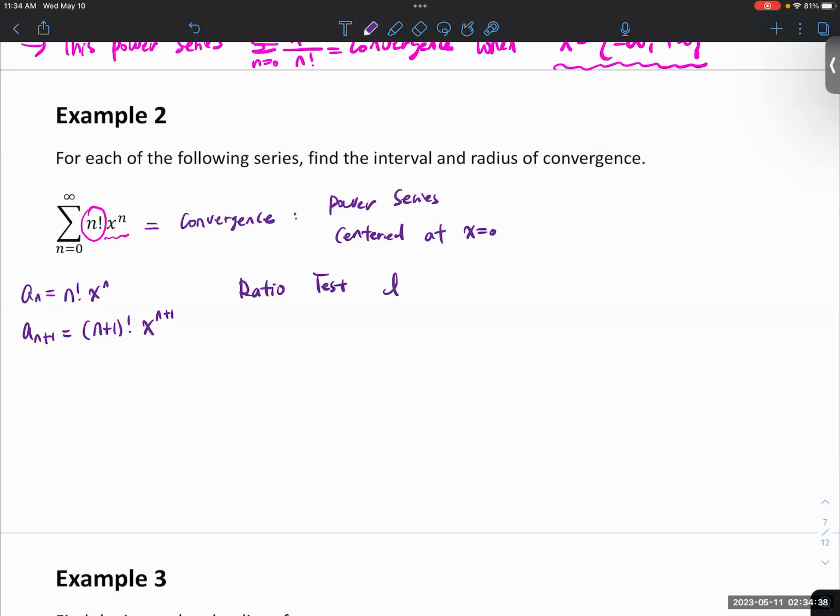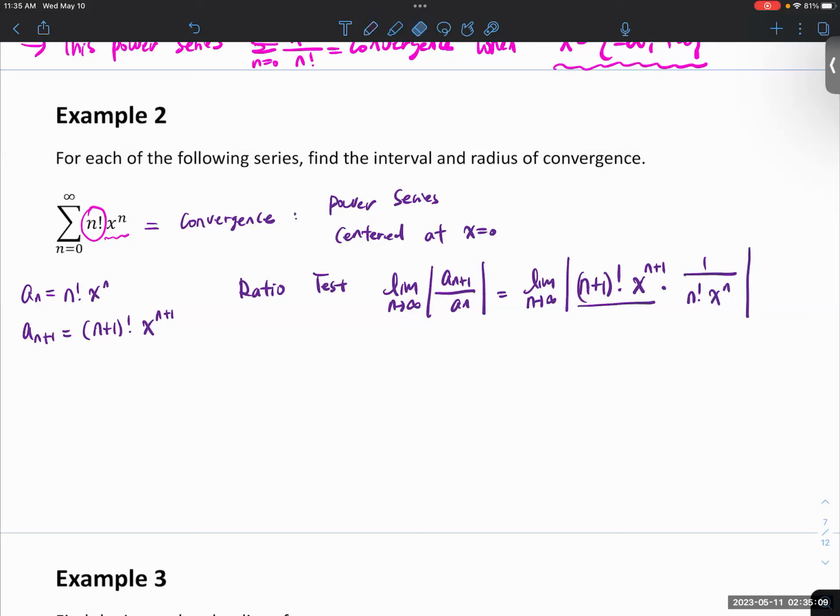So take the limit of a_(n+1) over a_n. Now you know the limit of (n+1) factorial times x to the n+1, and then you flip over a_n, so 1 over n factorial x to the n.